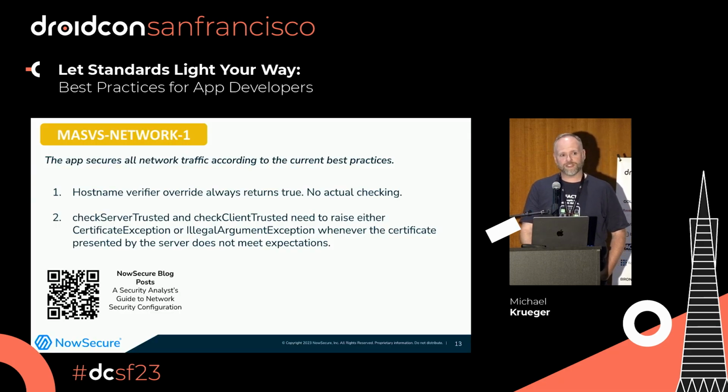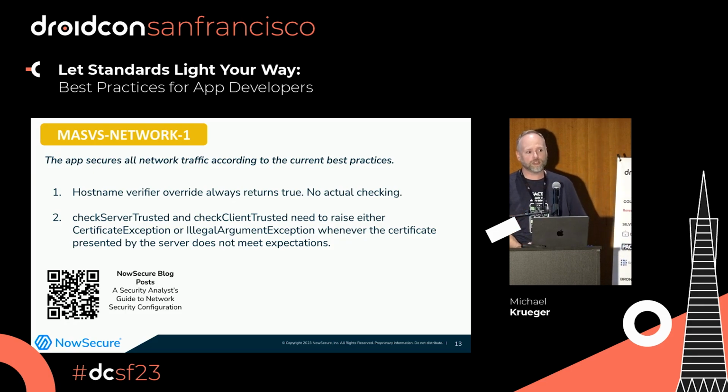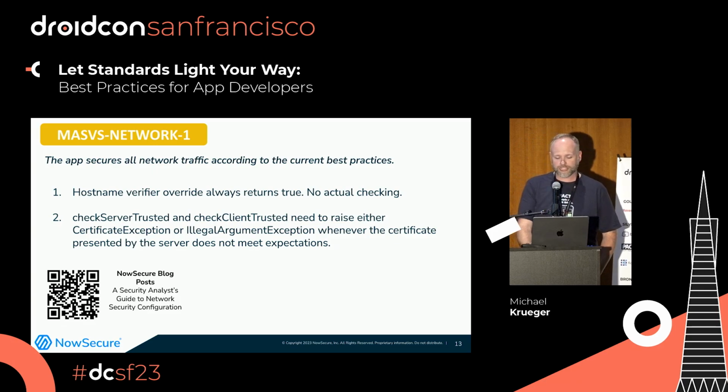Network 1 in MASVS describes in painful detail all of the individual cases that you should consider, both as a security practitioner and as a developer, to avoid these particular cases. Now Secure also has a blog that talks about the network security configuration and how you can use that to also avoid some of the issues that I'm talking about today.